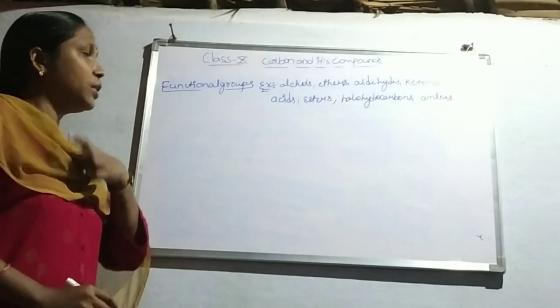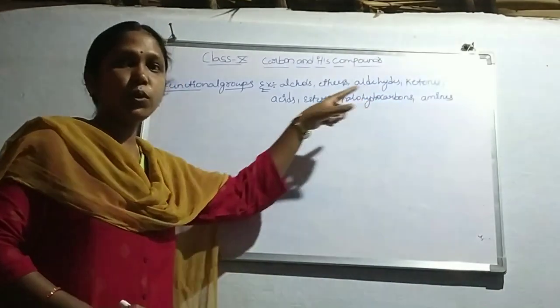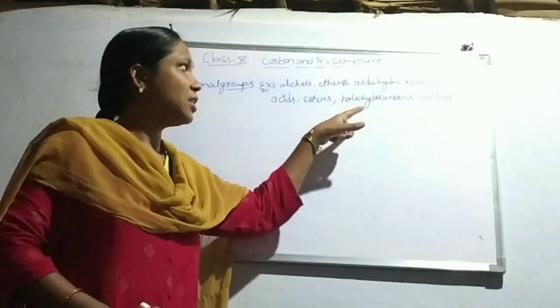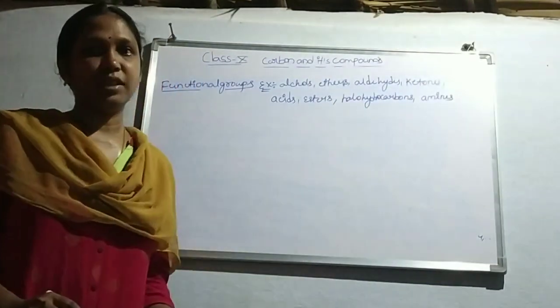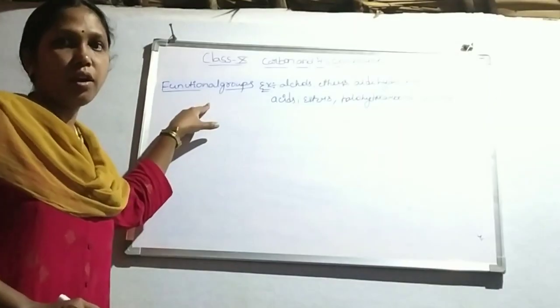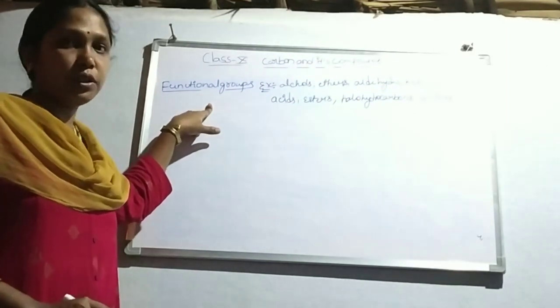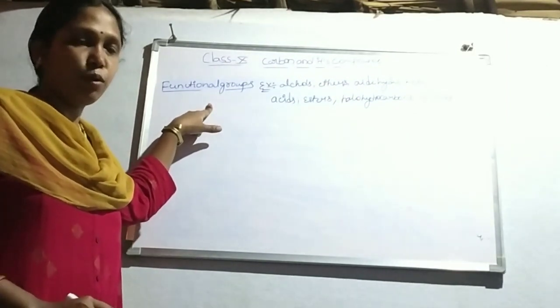Okay, examples for the functional groups are alcohols, ethers, aldehydes, ketones, acids, esters, halohydrocarbons, amines. All are examples of functional groups. Now we see one after another the functional groups and examples of that type of organic molecule.